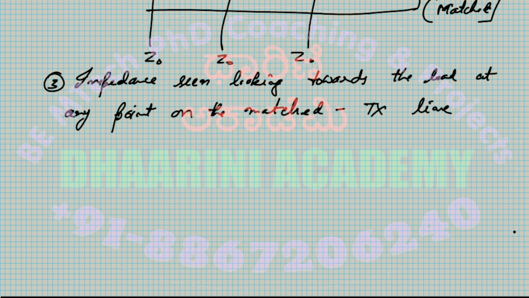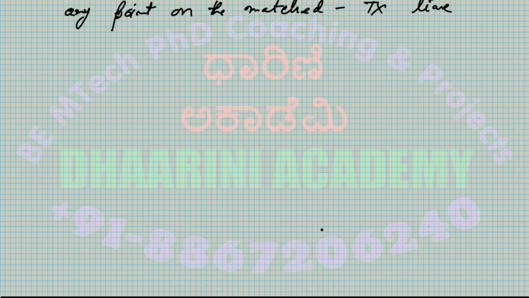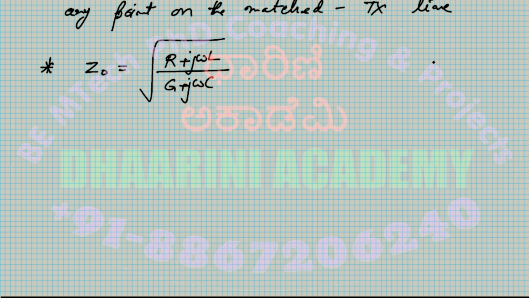Now let's use this Z naught equation to find out some more equations which will help us in solving the problems, right? So let us start with the Z naught equation. Z naught is equal to the square root of (R plus j omega L) divided by (G plus j omega C). Right.